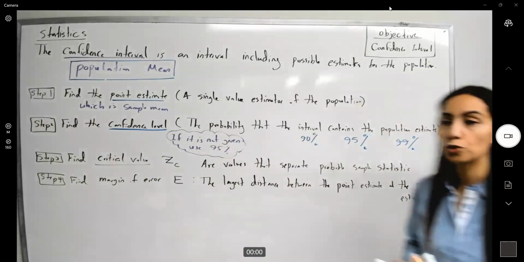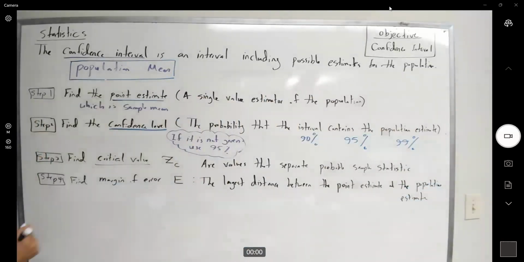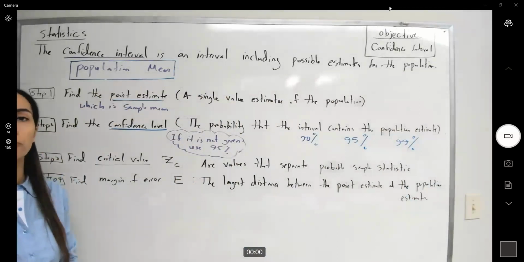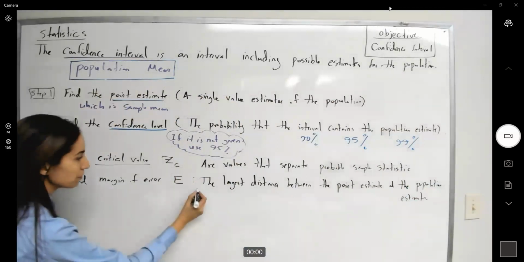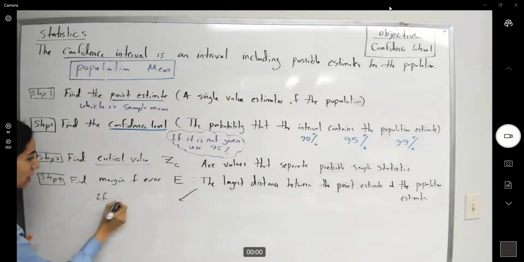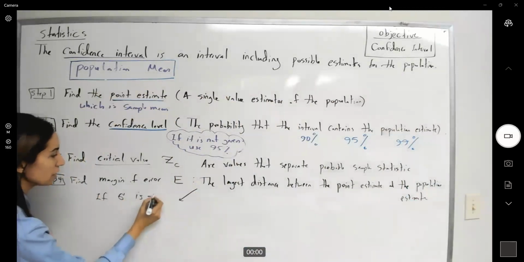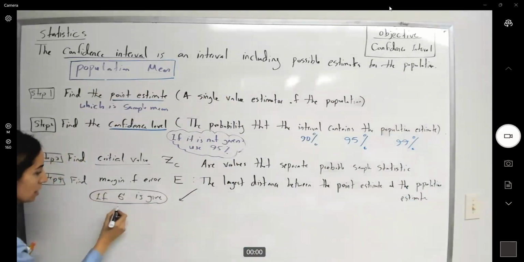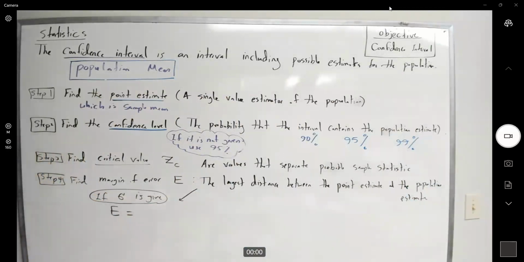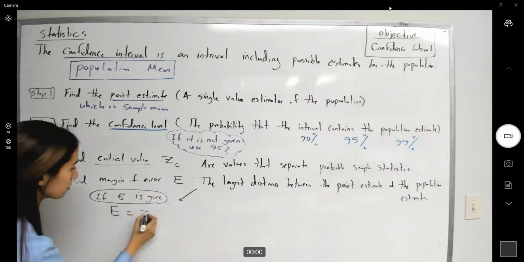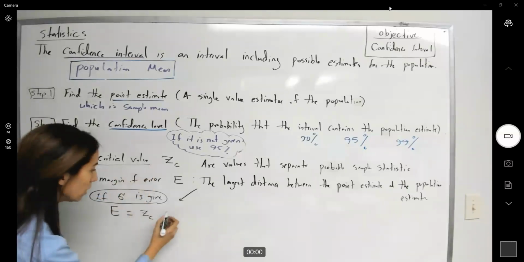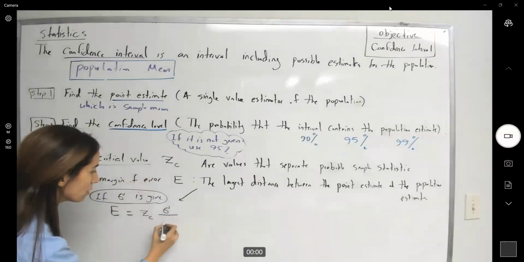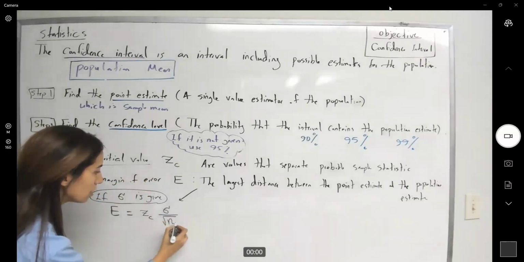We have two possible scenarios. For population mean, sometimes the population standard deviation is given. So if sigma is given, then the margin of error is equal to ZC, the critical value that you found, times sigma over square root of n.